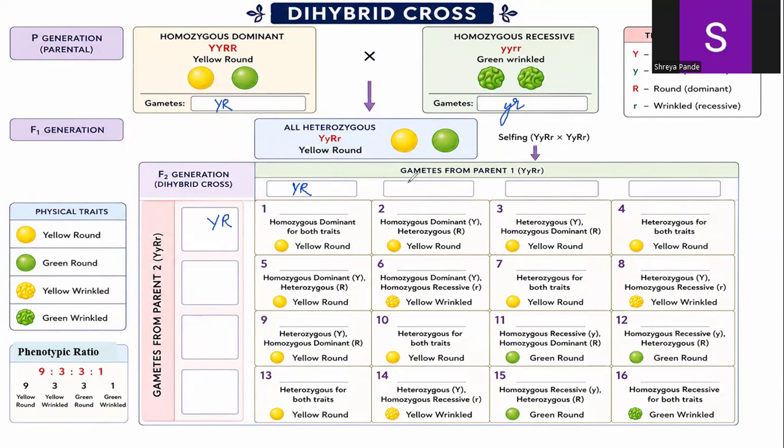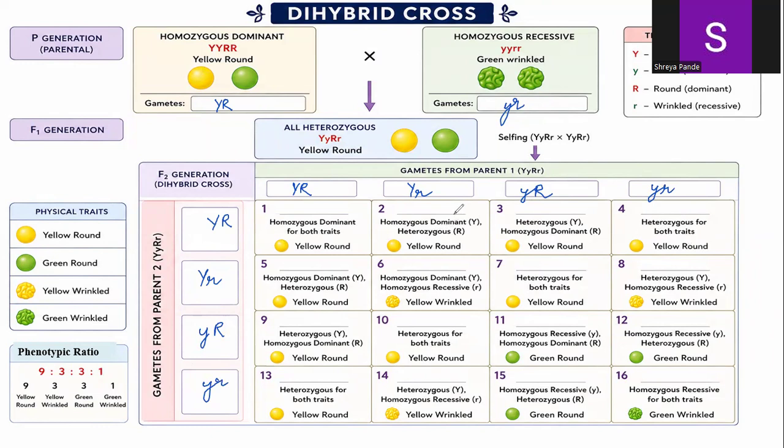Then the second one will be capital Y, small r. Here, small y, capital R, and the last one will be small y, small r.